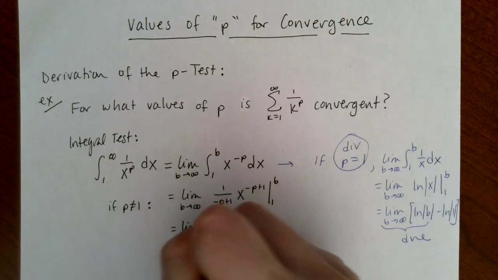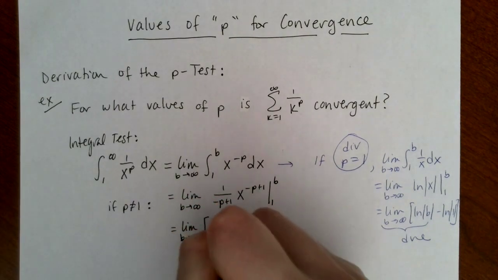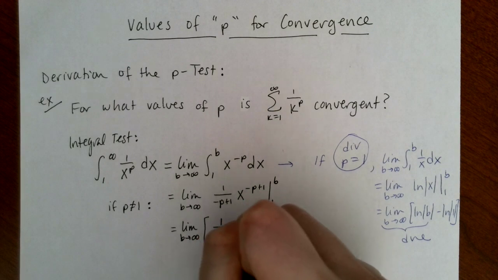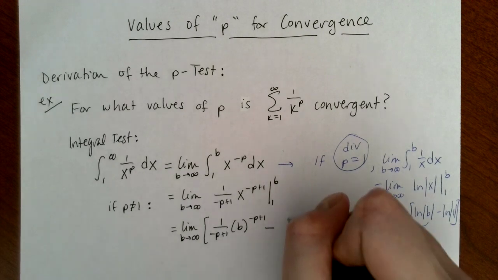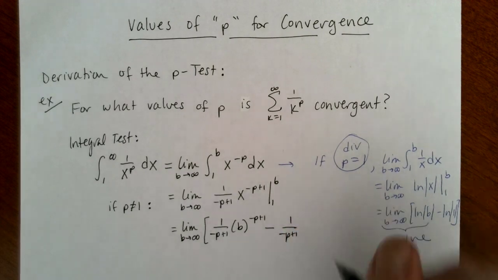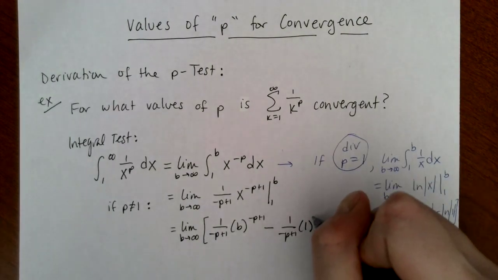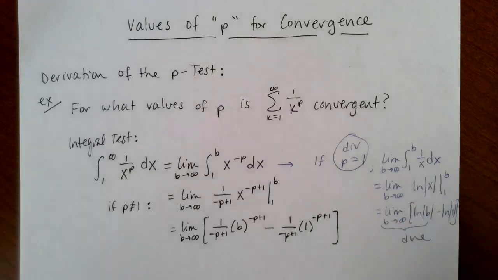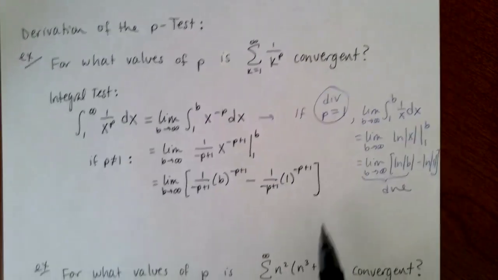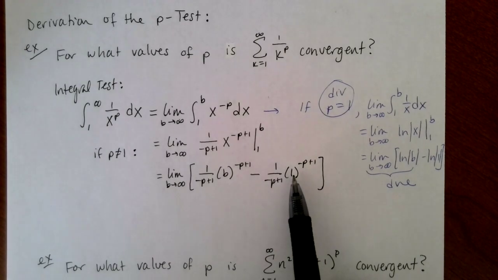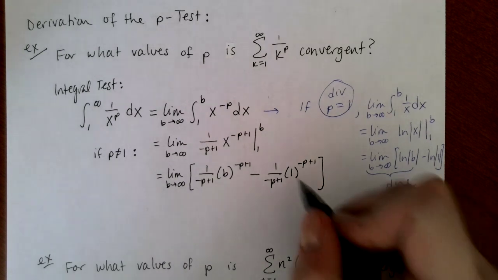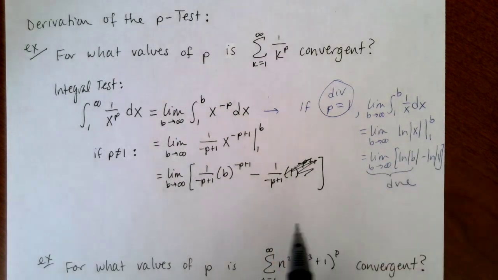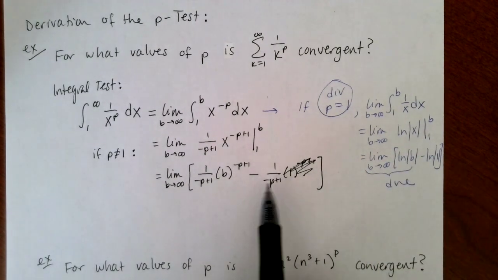All right, so we keep our limit for one last step. 1 over negative p plus 1, b to the negative p plus 1, minus 1 over negative p plus 1, 1 to the negative p plus 1. Okay, so we know that powers of 1, no matter what this exponent is, is just going to be 1. So all of this we can kind of drop out, and we just have 1 over negative p plus 1.